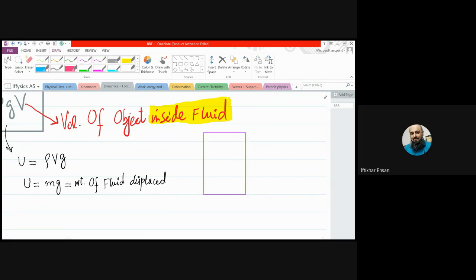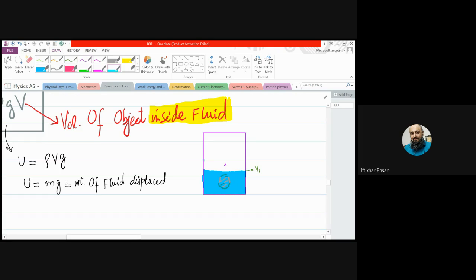So beta, as we know, in junior classes we have done, if we have a container and in the container there is an amount of liquid we have taken in a measuring cylinder, and its volume here we say is V1, and if we submerge any object inside it, then the volume of the liquid will rise to some new level.